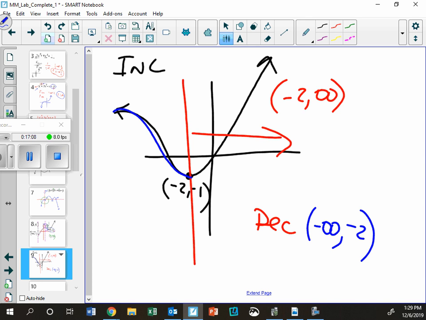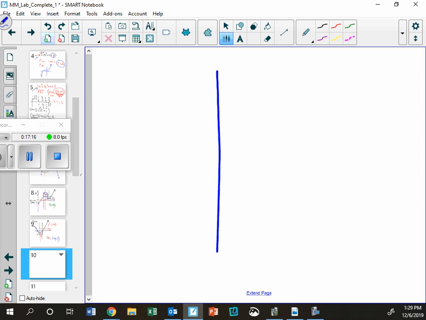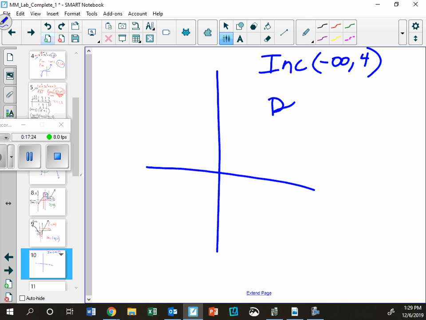You know how Jeopardy gives you the answer and you got to figure out what the question was? The answer to this one is this graph increased from -infinity until it hit 4, but then it decreased from 4 to 6, and then it increased again from 6 to infinity.